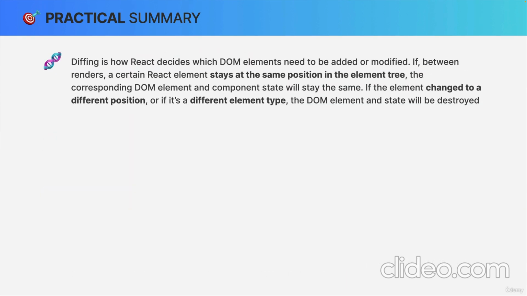So, diffing is how React decides which DOM elements need to be added or modified later. Now, if between two renders a certain React element stays at the same position in the element tree, the corresponding DOM element and the component state will simply stay the same. So the DOM will not be modified in this case, which is a huge win for performance.